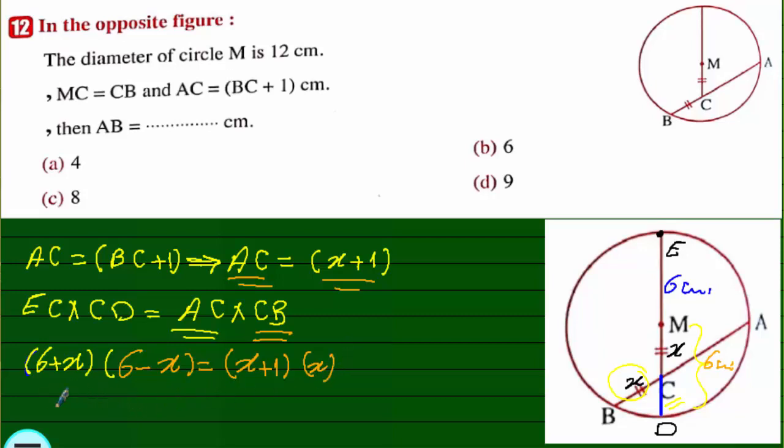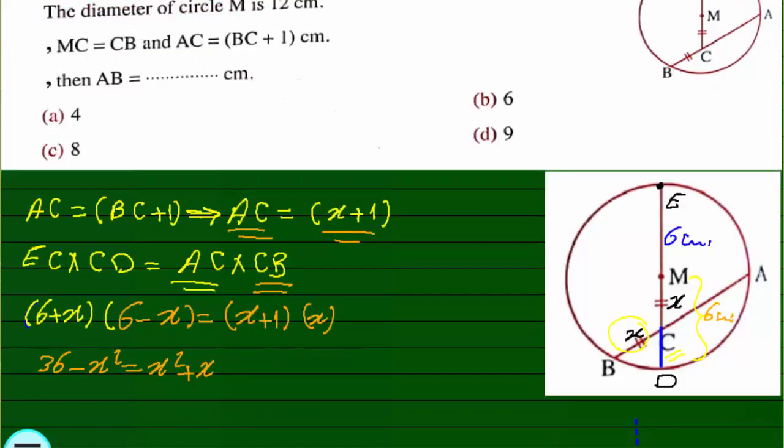So we will solve this equation. 6 plus X multiply 6 minus X equals 36 minus X square equals X square plus X. X multiply X, it's X square. 1 multiply X, it is X. And we complete here to solve this equation.